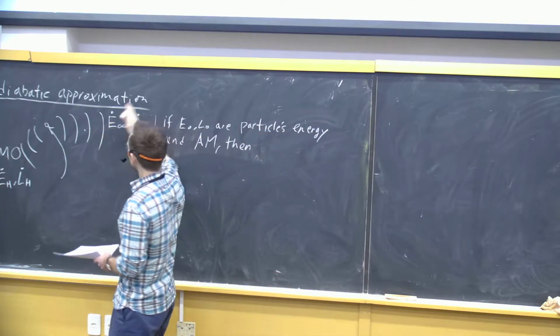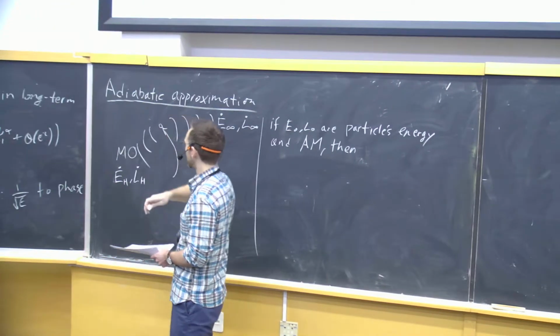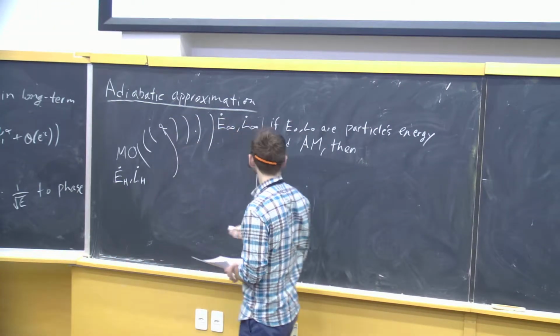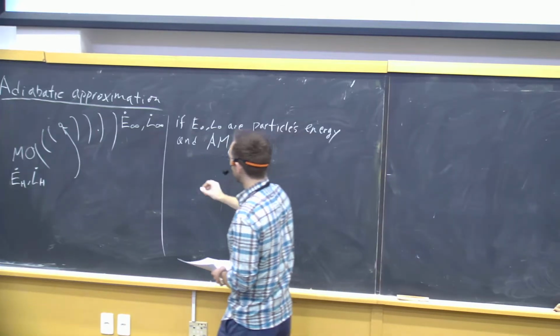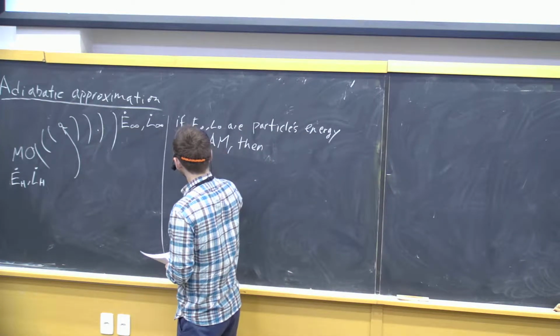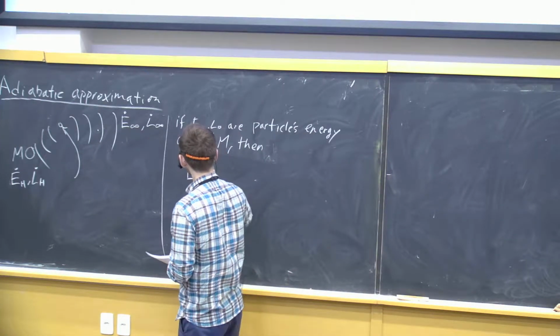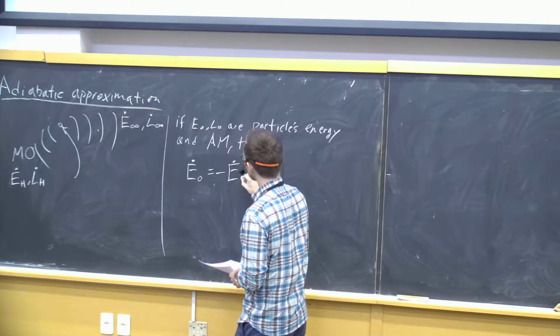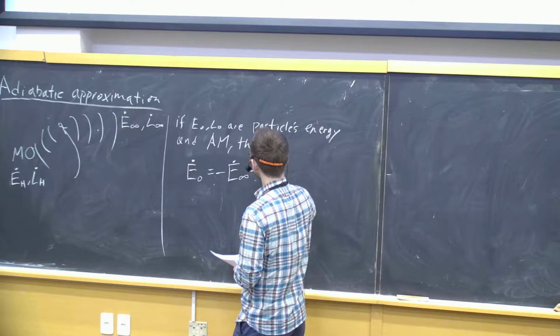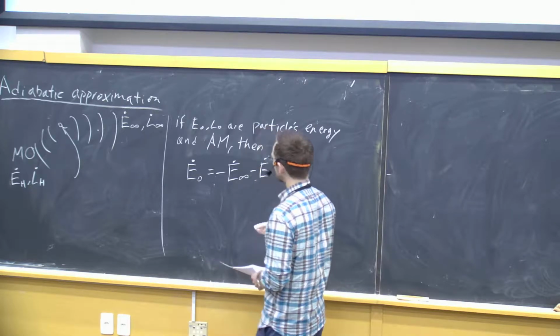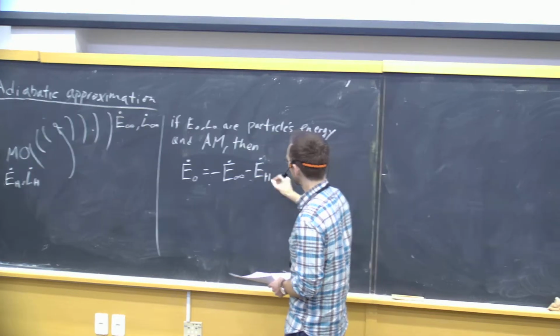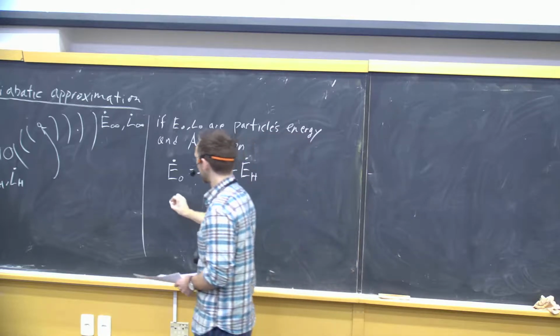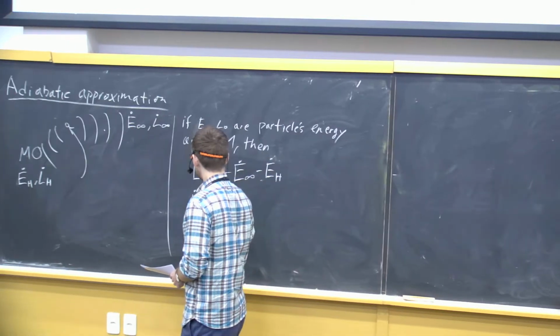So whatever left the system or whatever sunk into the black hole has to have come from E0 and L0, which means E dot 0 is minus E dot infinity minus E dot horizon. And similarly for L.